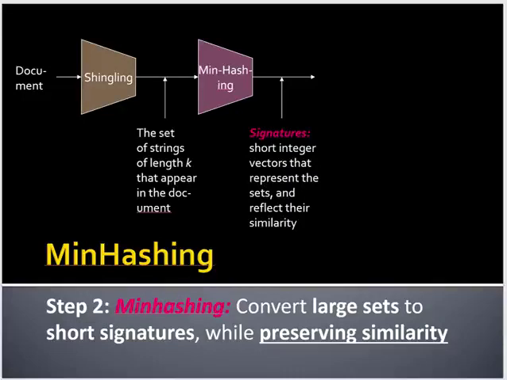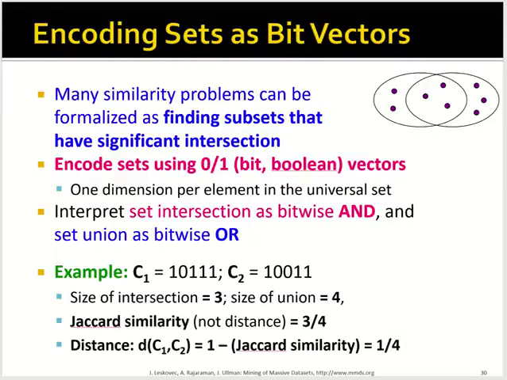Now we move on to the minhashing stage. The final goal is to produce signatures, like short integer vectors, to represent the sets and to also reflect their similarities. Many similarity problems can be formalized as searching for subsets that have significant intersections, based on their unions.